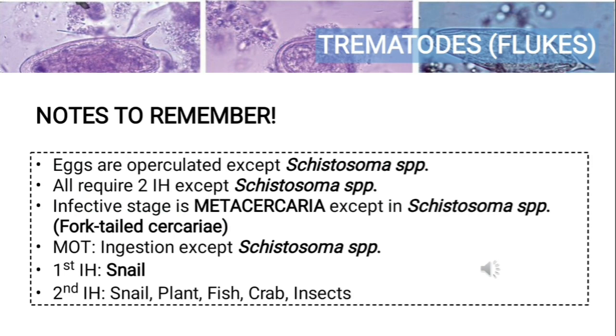Now everyone, I want you to remember that the trematodes pass through three morphologic forms during their life cycle. The first is the egg, the second is the multiple larval stages, and lastly, the adult worm. The eggs, which are the primary morphologic form recovered in human specimens, vary in appearance.